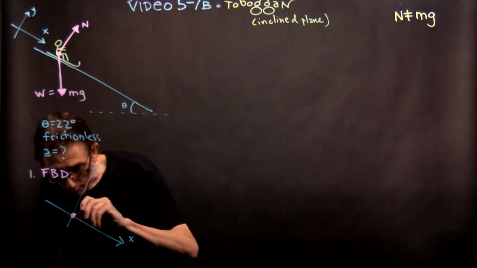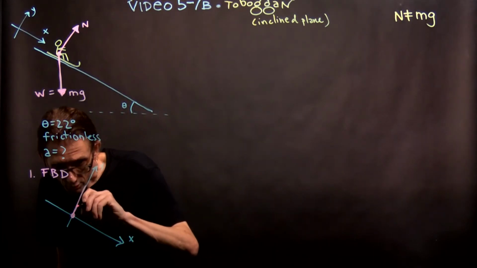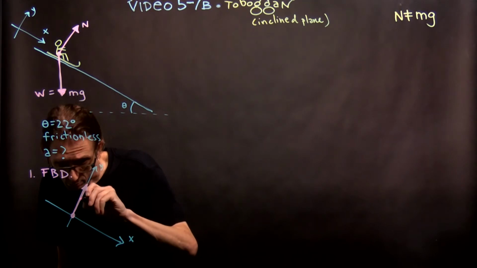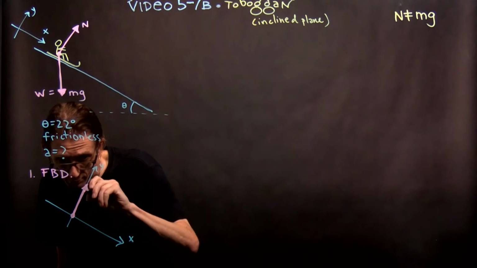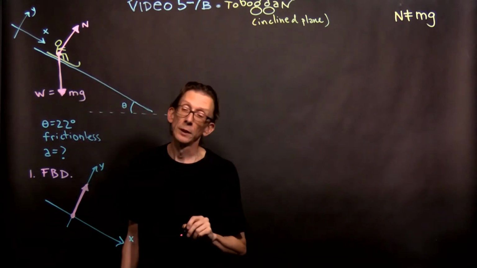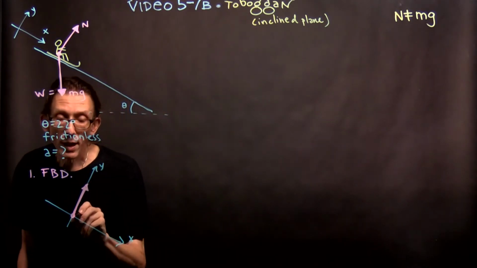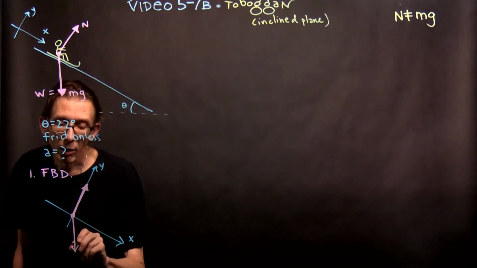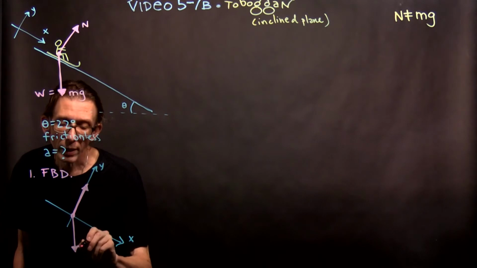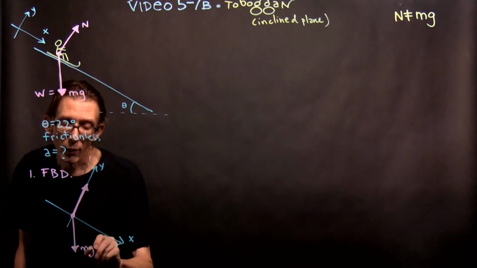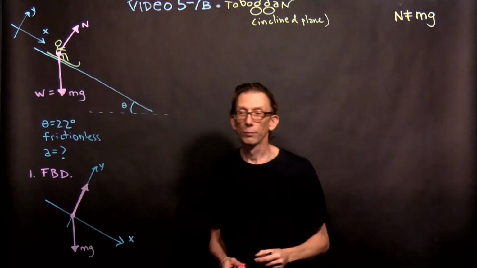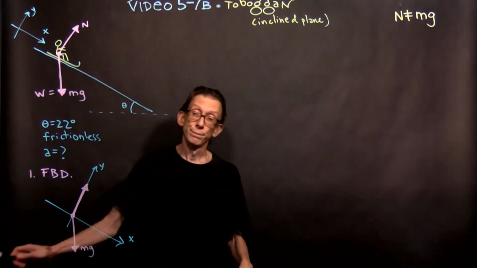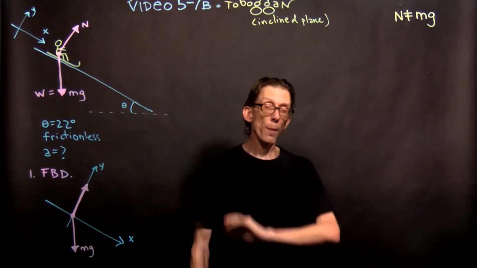It's in the positive y direction. It's this way. So I'm now redrawing this to make it sort of a teaching tool here. You can redraw it again if you want to when you work the problem. And mg is straight down this way. And I'll call it mg as often as I'll call it weight. It's just that it's easiest to always plug in mg for weight. Okay, that's the first thing. There's our free body diagram. Almost.